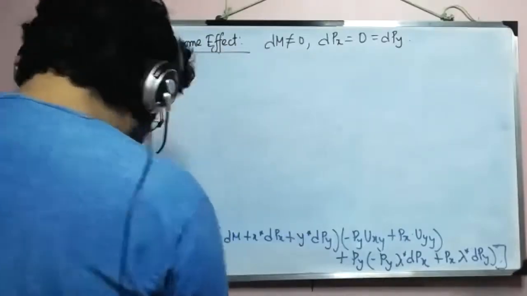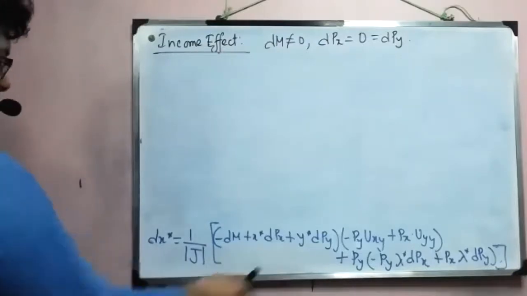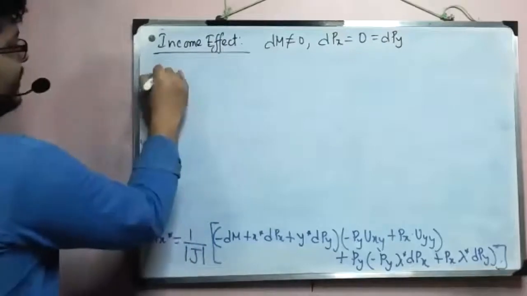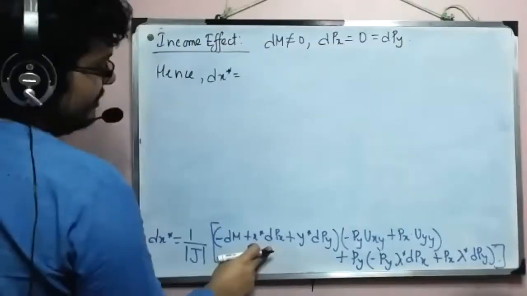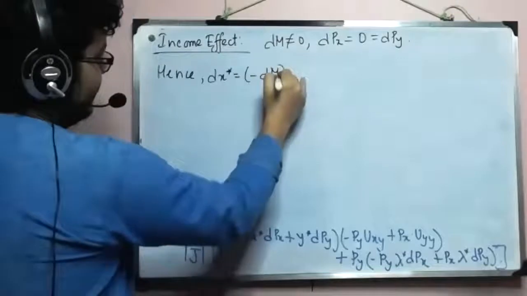So we substitute that in this expression, and the substitution makes it really simple. Here in dx star, this becomes 0, this also becomes 0. So you have minus dm here, right?